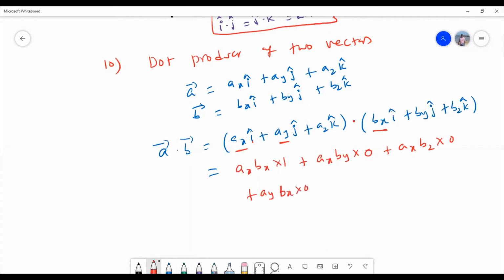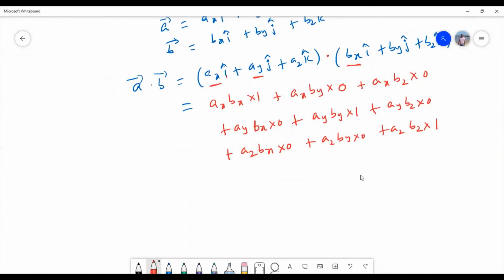Because J dot I is 0, plus AY BY into 1 because J dot J is 1, plus AY BZ into 0 because J dot K, plus similarly you multiply with AZ: BX into 0, BY into 0, plus AZ BZ into 1 because K dot K is 1.